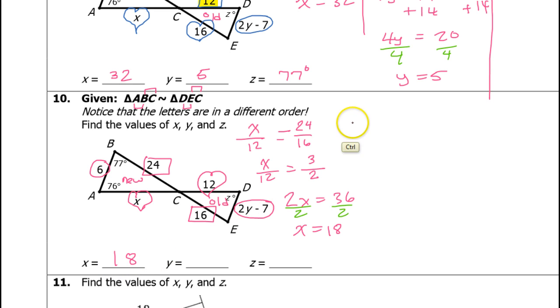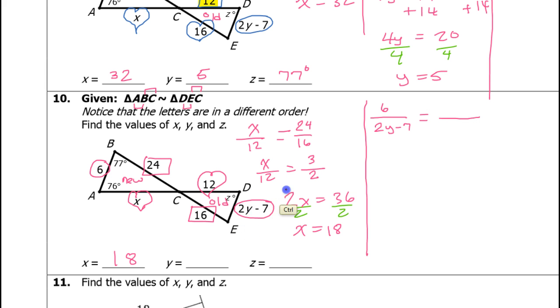Now I'm going to go after the value of y. I need a fraction that involves y's. But check out the corresponding sides. I circled them, and I need to do new over old. So that's going to be 6 over 2y minus 7.